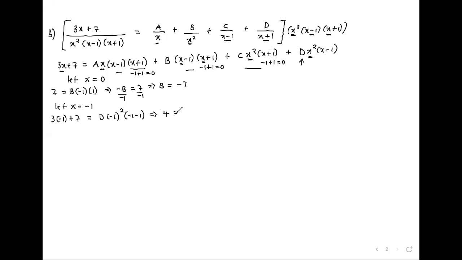Is equal to -1 squared, we get 1. -1 minus 1, we get -2. So we have -2D. Divide by -2, divide by -2, we have D is equal to -2. So we have found the value of B, we have found the value of D.